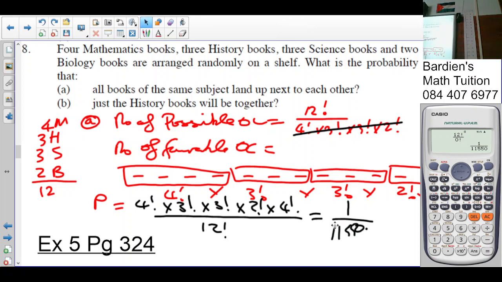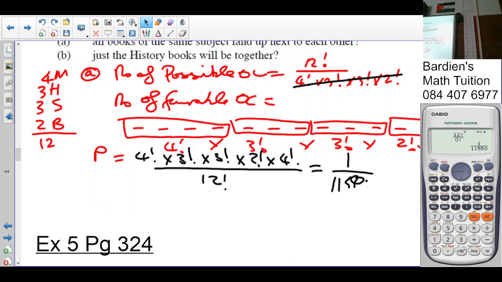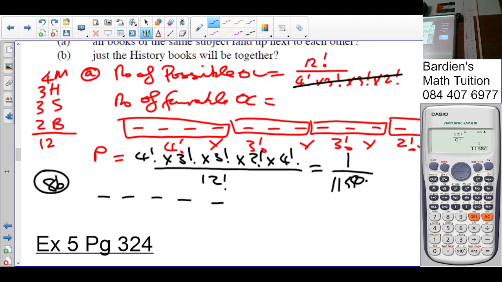Okay, let's look at the B part of the question. So 8B says just the history books will be together. Okay, so again we have 12 bits. All the history books are together.